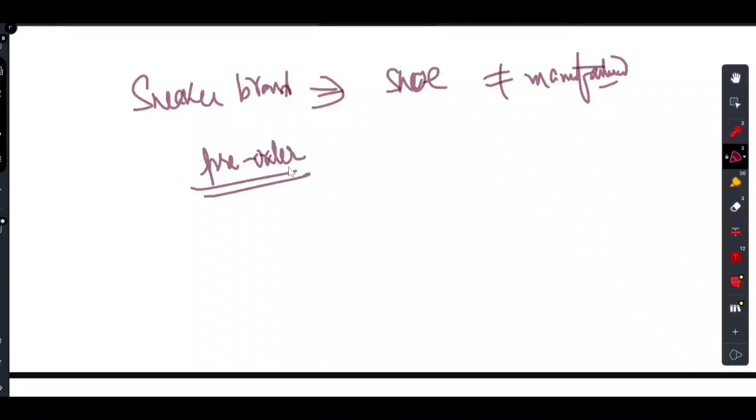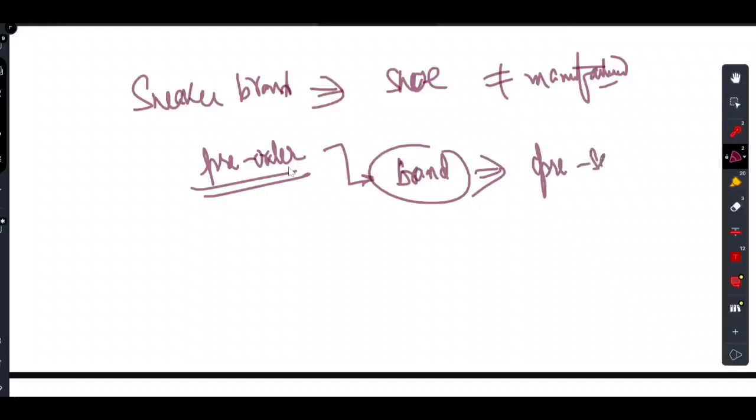To prevent the chaos, the brand says you cannot pre-sell 100% of the factory capacity. Just in case something goes wrong, we are capping you at 95%.